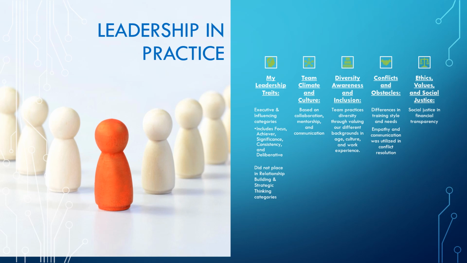Some of my leadership traits did not include relationship building and strategic thinking. I used the opportunity of this project to strengthen my leadership weaknesses, such as practicing communication skills that is needed in relationship building with my team members, as well as collaborating with my team members on project needs and group needs as well.